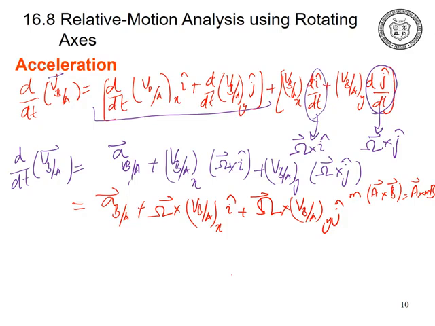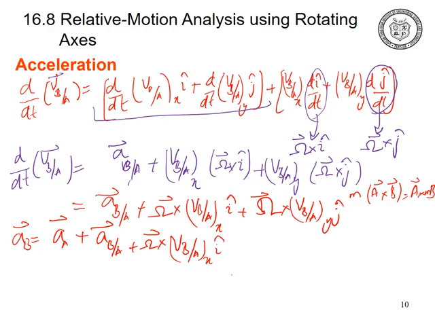So by substituting these values in the equation of a from the previous slide, we can get aB equal to aA plus a of b with respect to A plus omega cross vb with respect to A x i plus omega cross vb with respect to A y j.